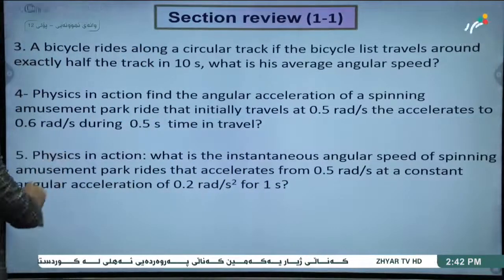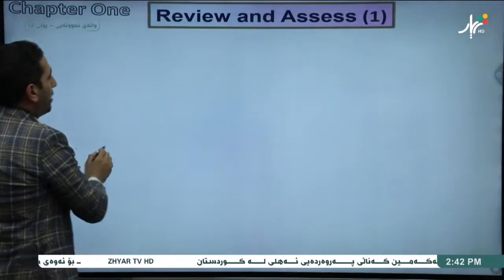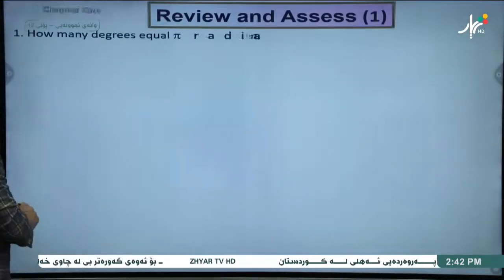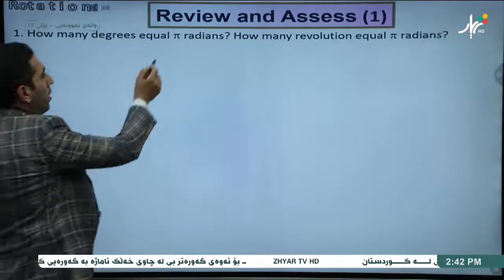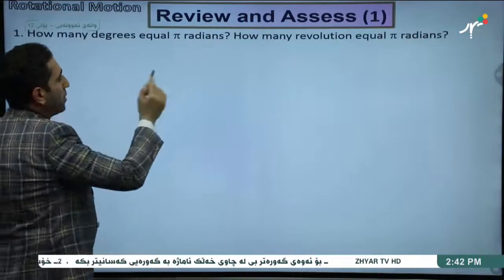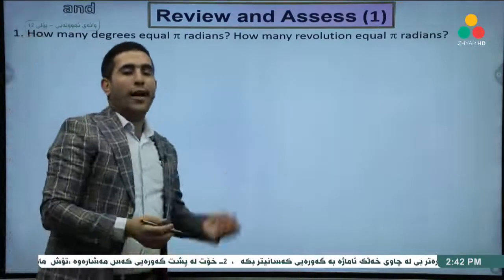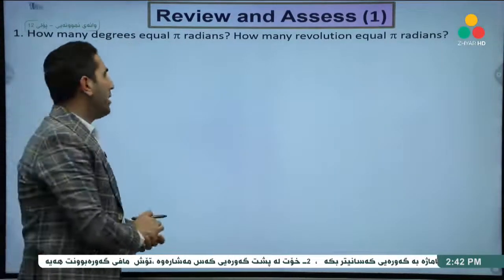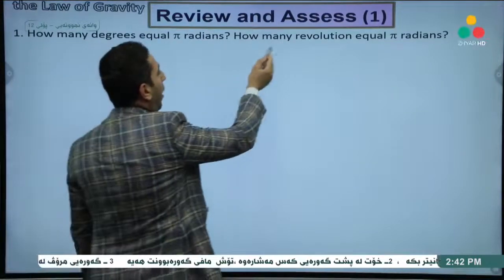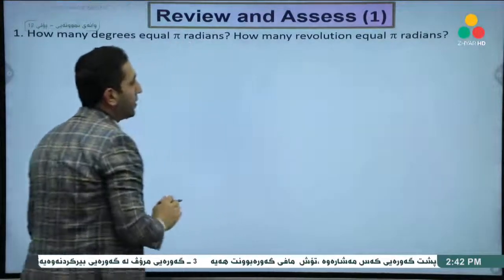Okay, now we have again a review on the previous lesson. How many degrees equal pi radians? You know that pi radians is equal to 180 degrees. And how many revolutions equal pi rad?